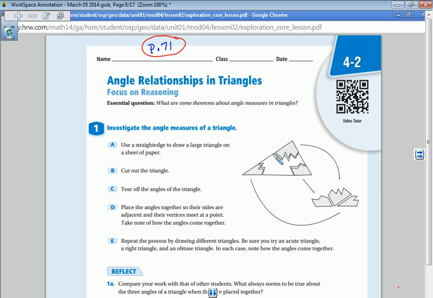Okay, so look around at all the people around you. When they rip their angles off and put them together like a puzzle, just the angles, not the middle of the triangle.